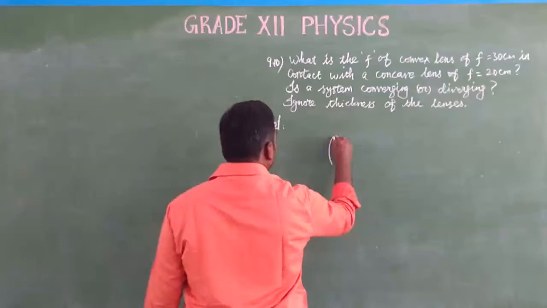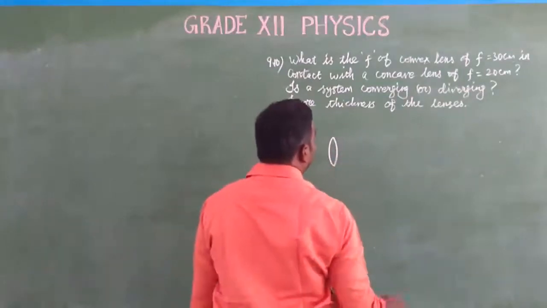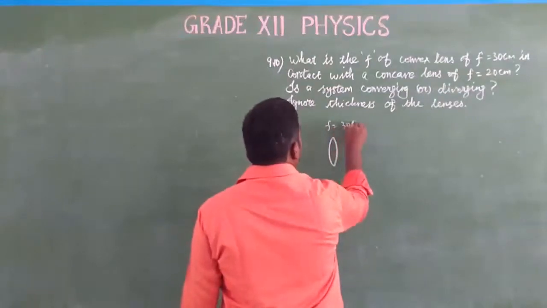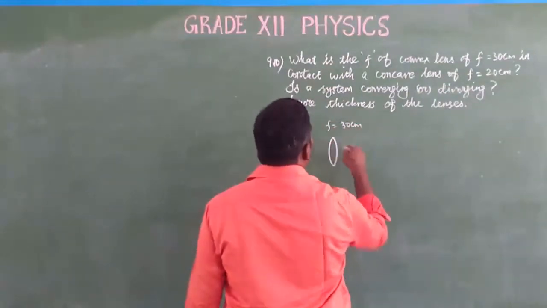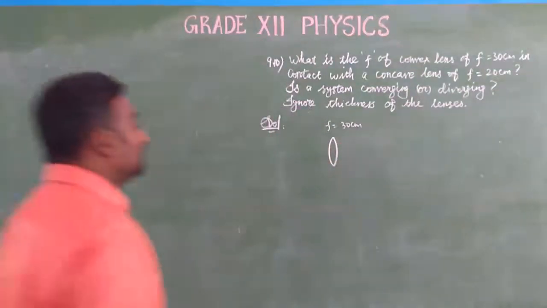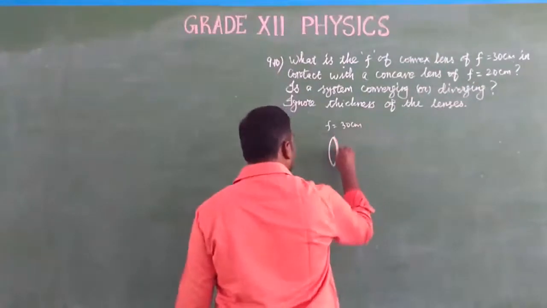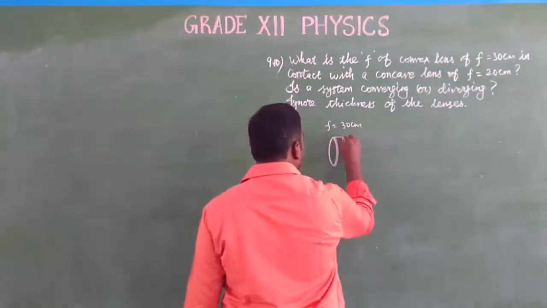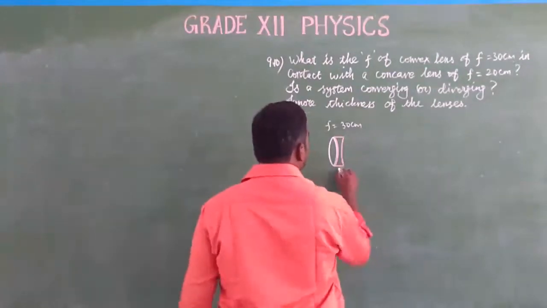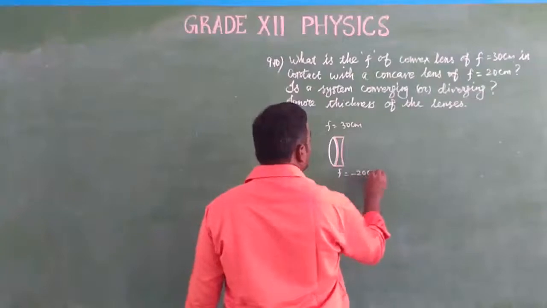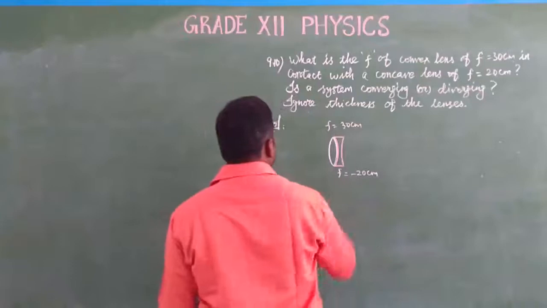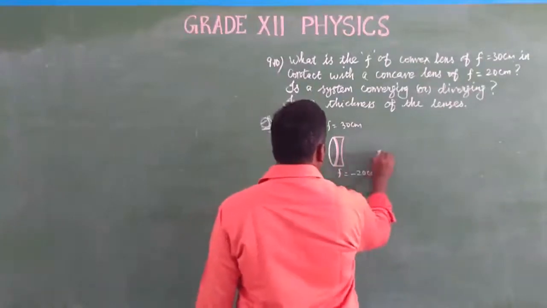There is a convex lens with a focal length of 30 centimeter, in contact with a concave lens of focal length minus 20 centimeter. So in this combination, is the system converging or diverging?